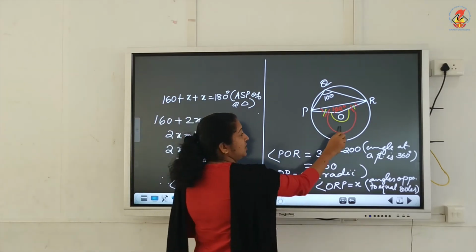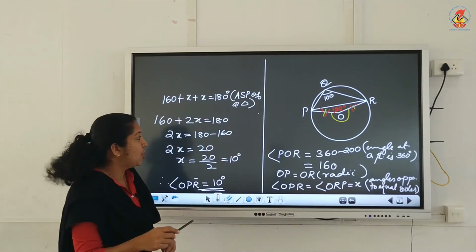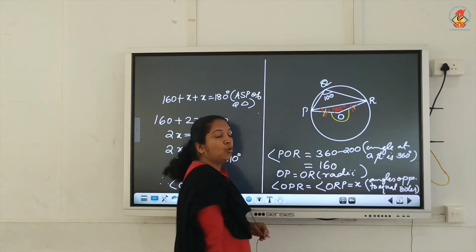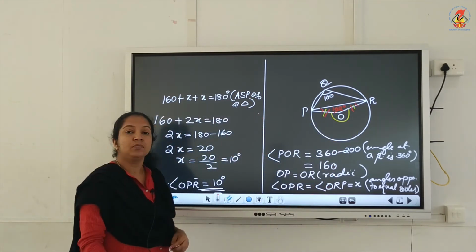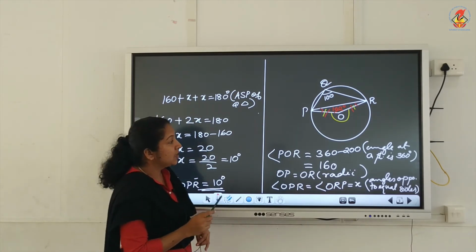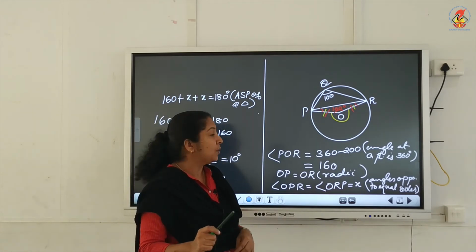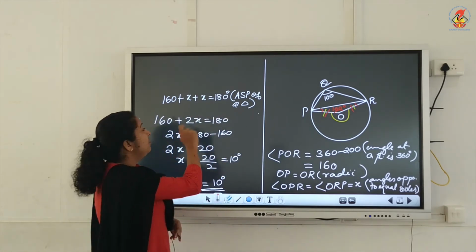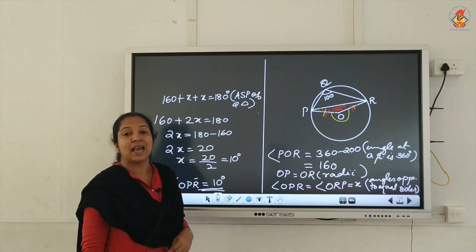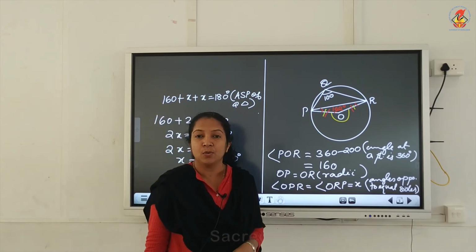So after getting this, we got this as 160 using angle at a point, and what we have done next is OP is equal to OR using radii. So if these two are equal, we can say the angles opposite to these two sides are also equal. So we have taken it as x. Then we have used the angle sum property of the triangle and we got x as 10.